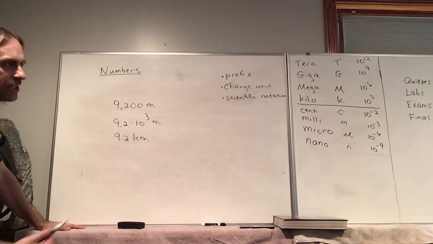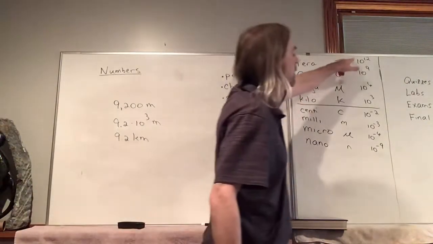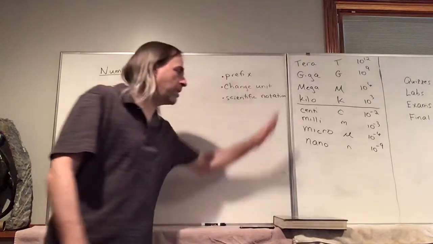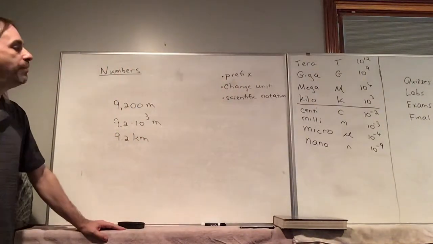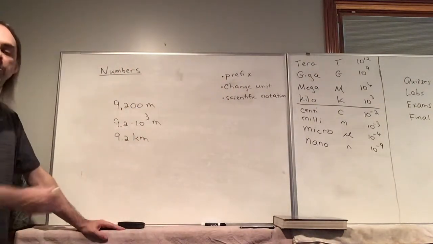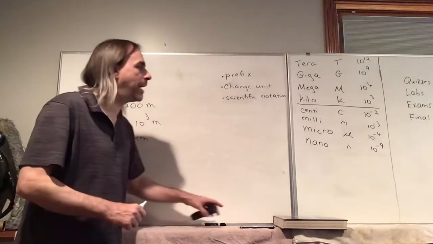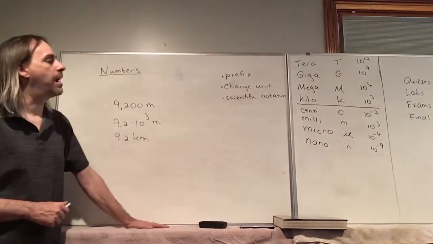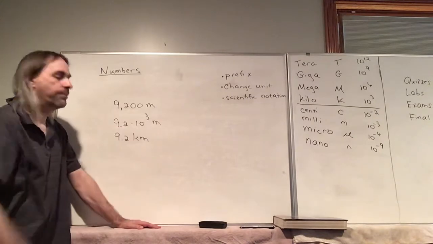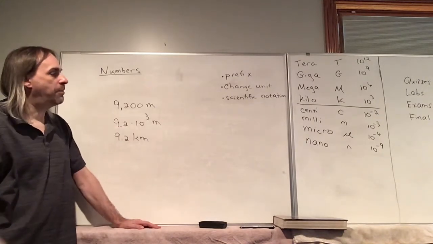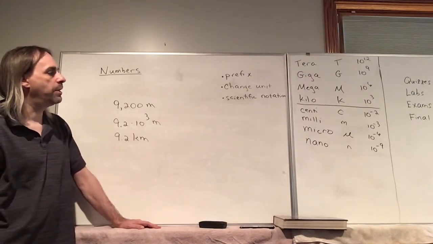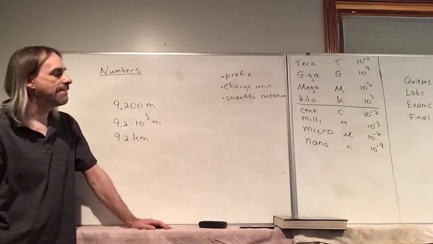And as long as you're in this range, your numbers between 10 to the 12, and it goes below 10 to the -9 as well, a prefix is often a very good way to go in writing down your number. So I should probably do one more where I use, oh, and I did use centi.